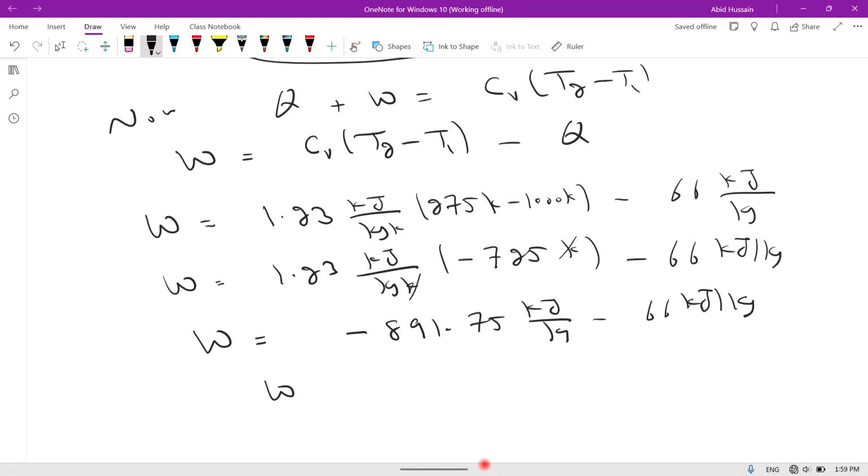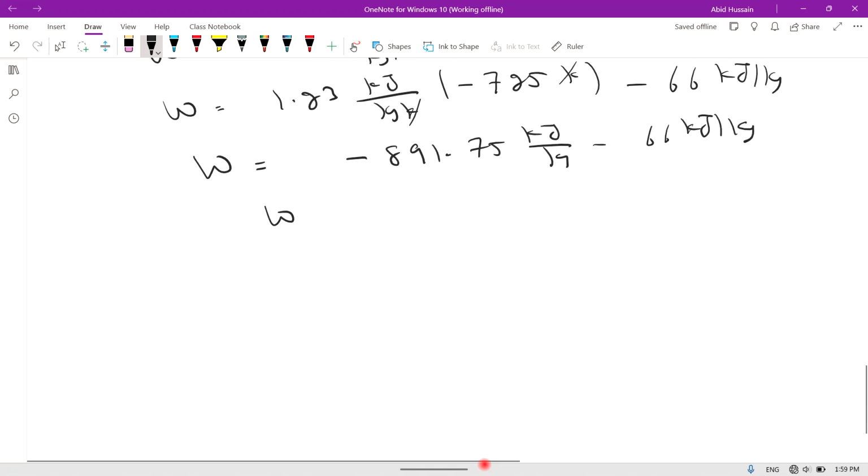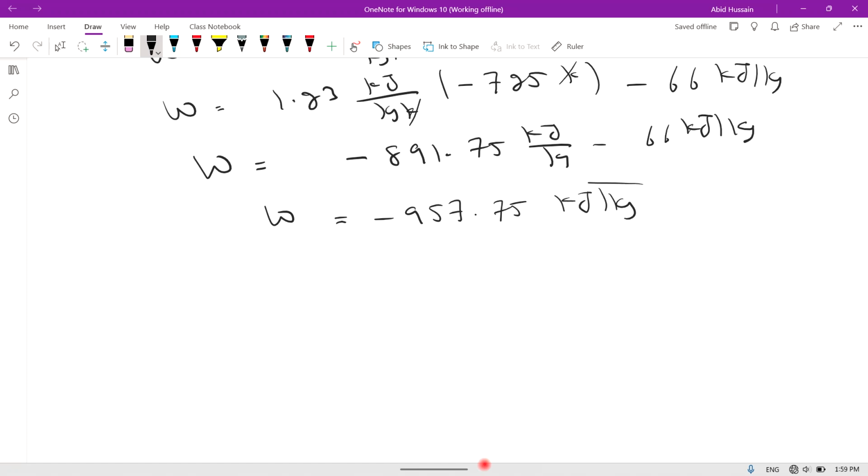So W is equal to minus 957.75 kilojoule per kilogram.